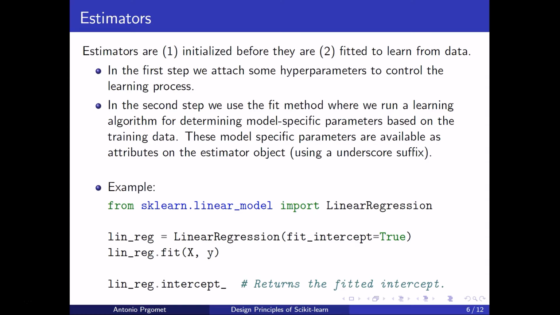These model-specific parameters are available as attributes on the estimator object and are accessed using an underscore suffix. So after I have fitted my model to the data, I can access learned parameters such as the intercept by using an underscore suffix.